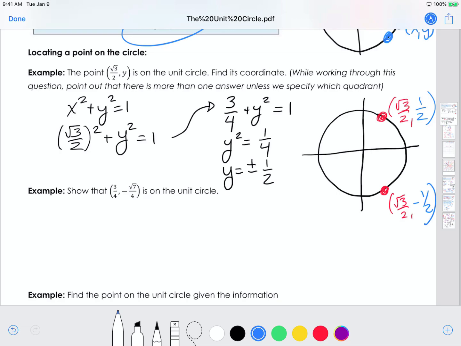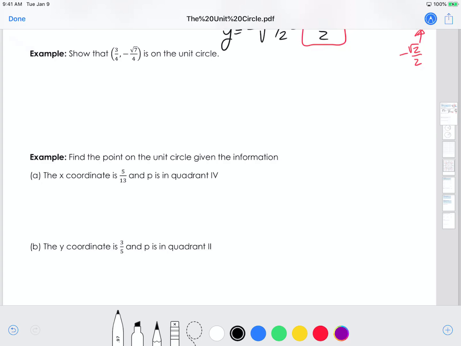So depending on what quadrant you're in, you could have one of those answers. Because the problem doesn't say specifically what quadrant we're looking at, you have to give both possible answers. So we have two ordered pairs: the square root of 3 over 2, positive 1/2, and the square root of 3 over 2, negative 1/2.